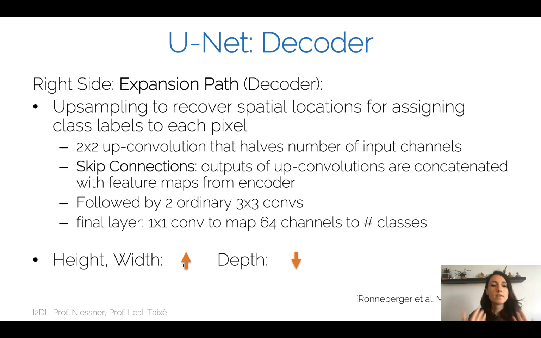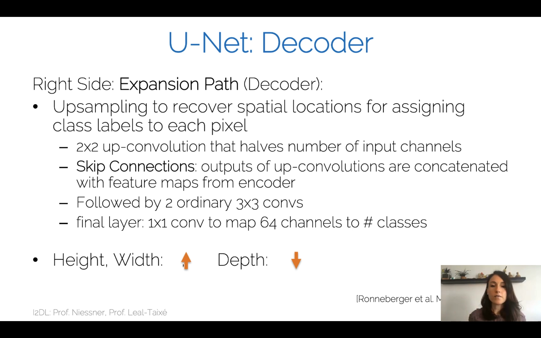And so you have this 2x2 up convolution that is going to halve the number of input channels. You're going to have the skip connections that are going to concatenate the feature map from the encoder and the feature map from the decoder. And then these representations are going to be processed by normal 3x3 convolutions.